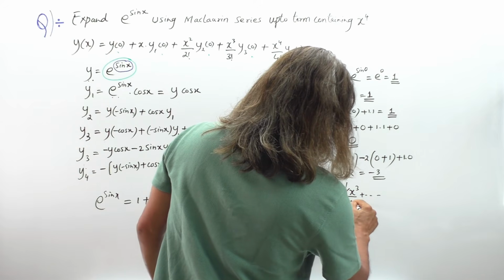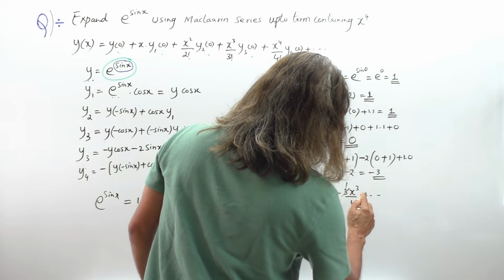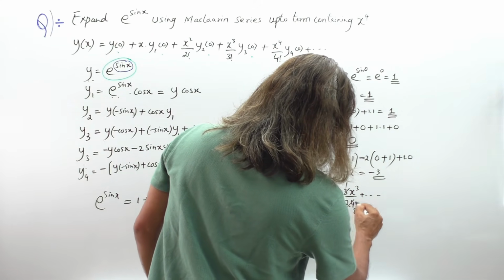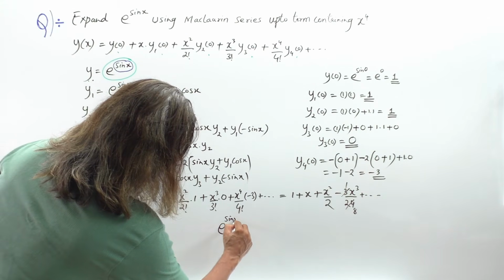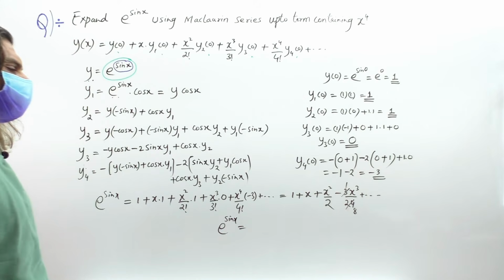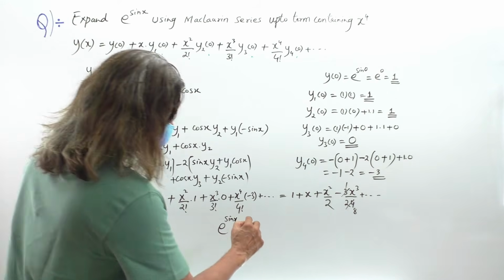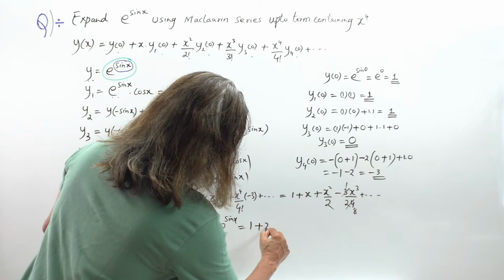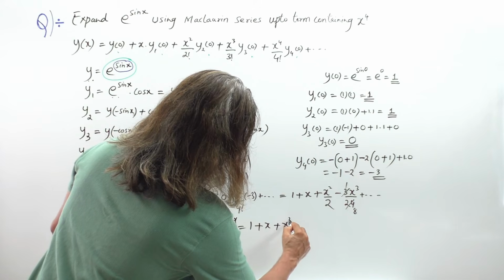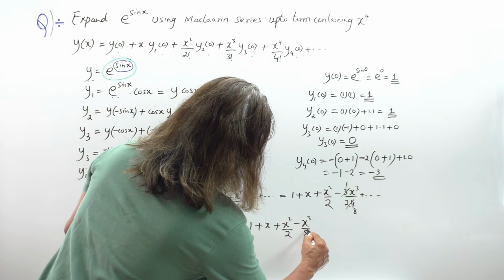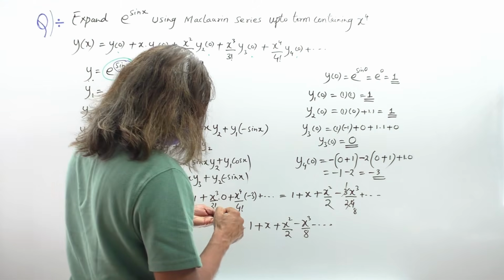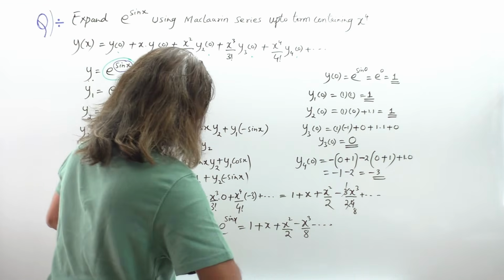So 3 ones are 3 and 3 eights are 24. That means the Maclaurin expansion of e raised to sin x about the point x is 0 is 1 plus x square by 2 minus x to the 4 by 8. That's the final answer. That's it.